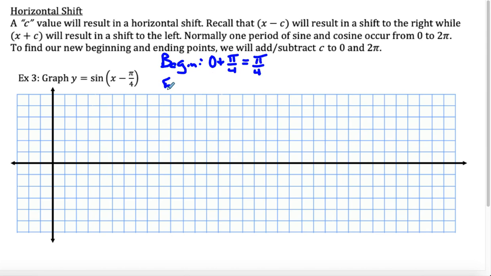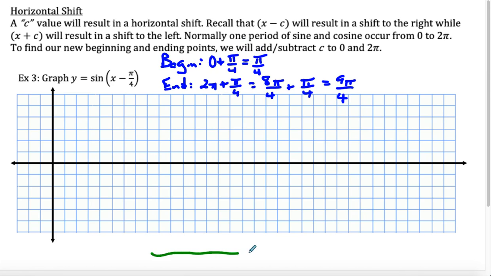And then my ending value, well, I'm just going to add pi over 4 to 2 pi. Here we would need to get common denominators to add these accurately, right? So I could make this 8 pi over 4, plus 1 pi over 4 would be 9 pi over 4. So I'm beginning at pi over 4, ending at 9 pi over 4.